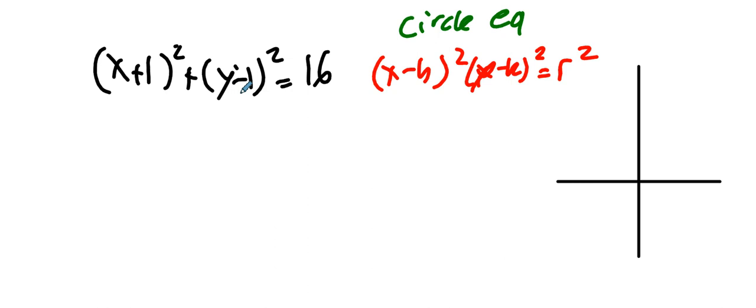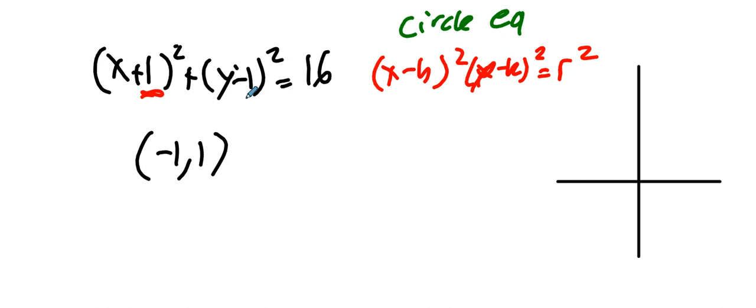So x minus h is x plus 1, minus negative 1, so h is equal to negative 1. And y minus k means k equals 1. So that's going to be our center.